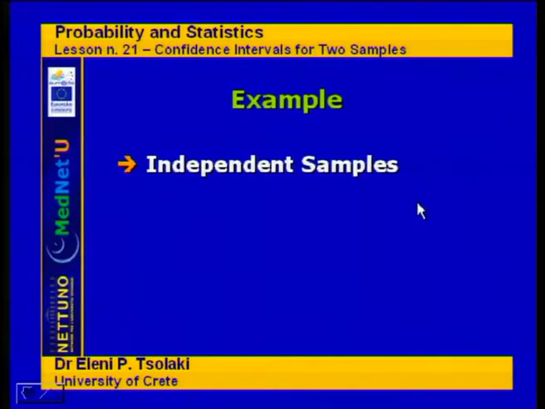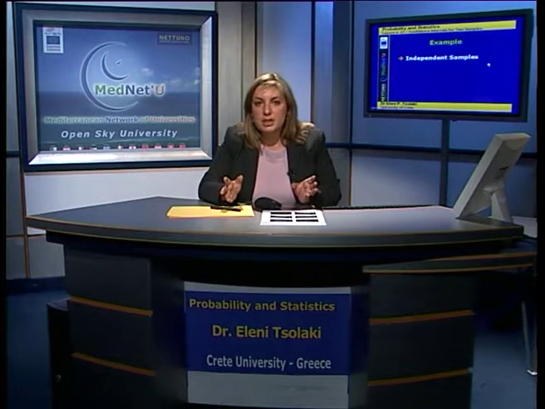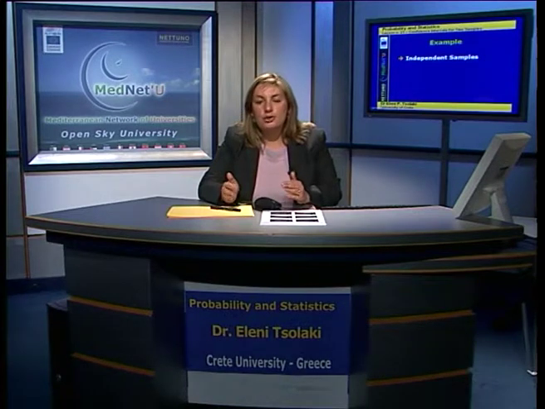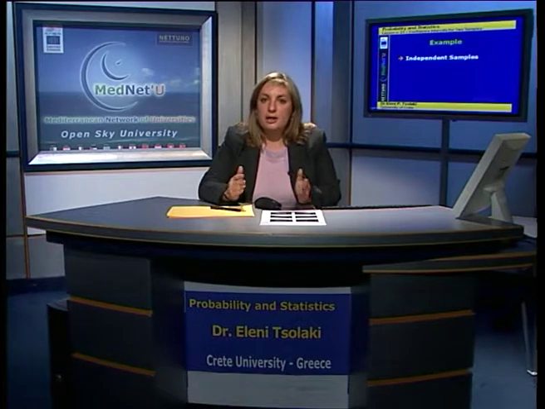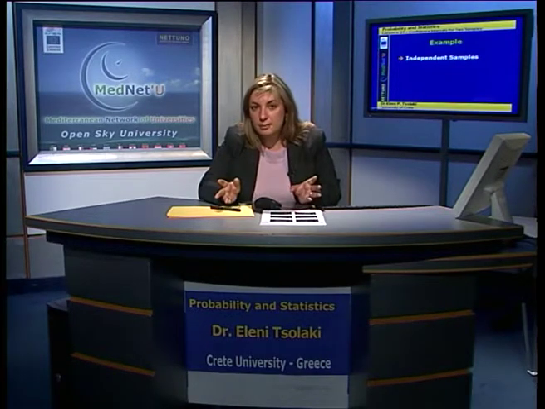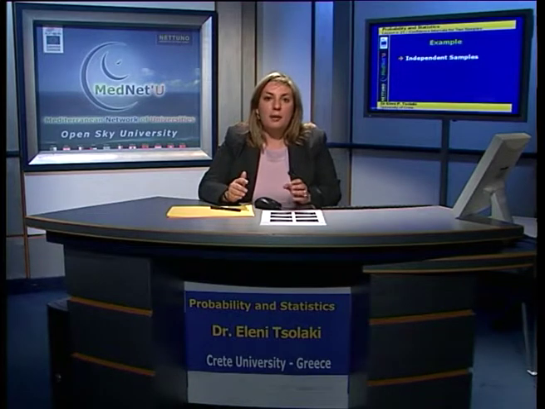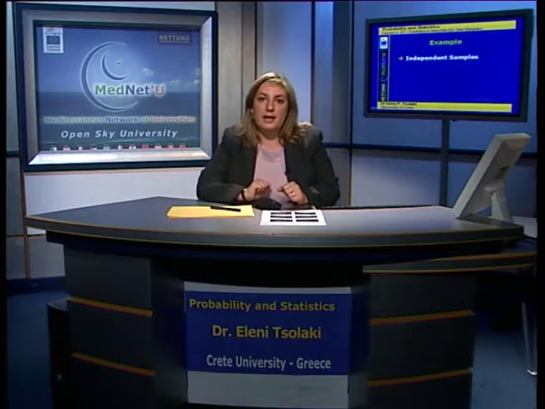Now we have independent samples. That means that the two groups of engineers do not depend on one another. So if one engineer in the first group took a long time to assemble a machine, it doesn't mean that this will affect the time it will take an engineer from the second group.